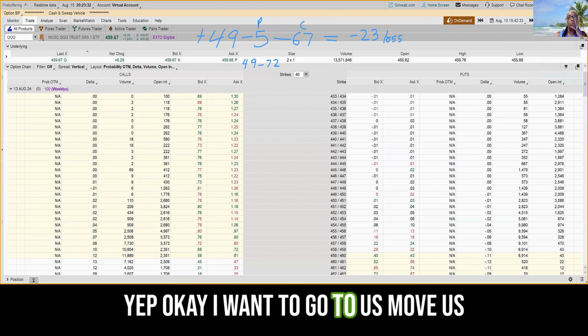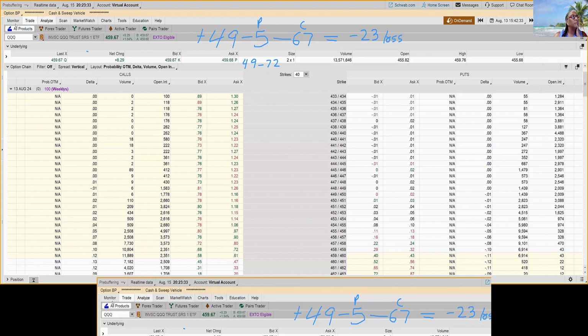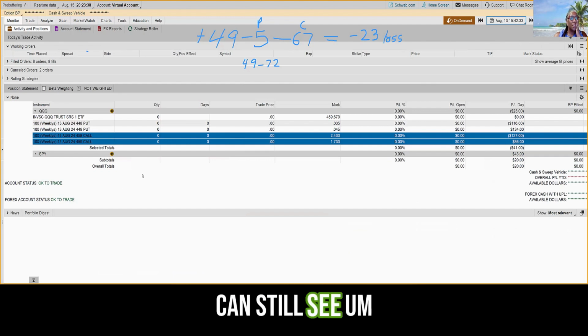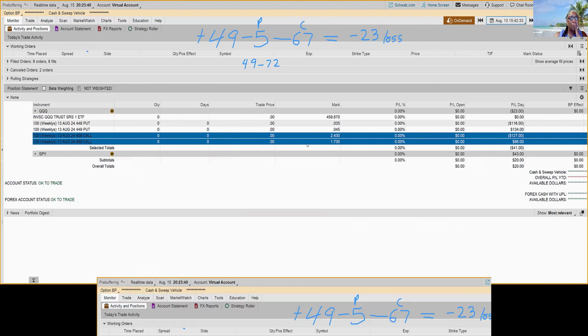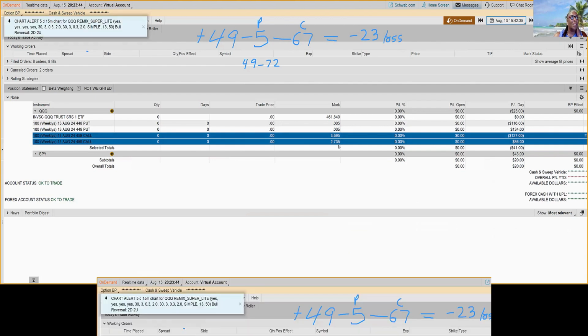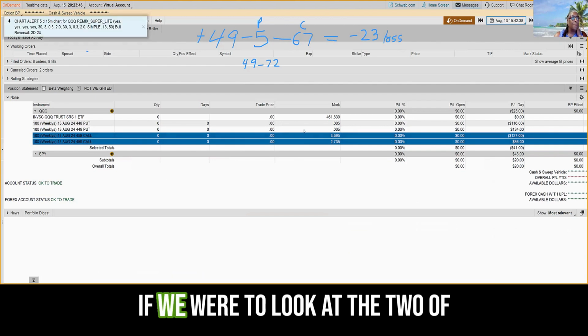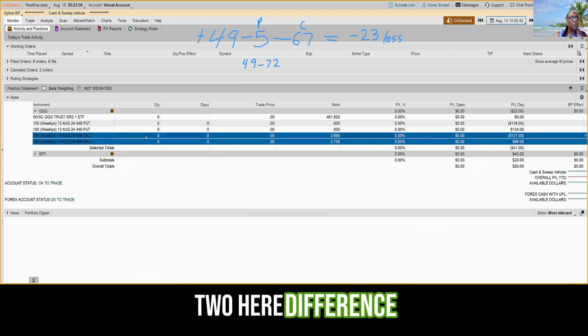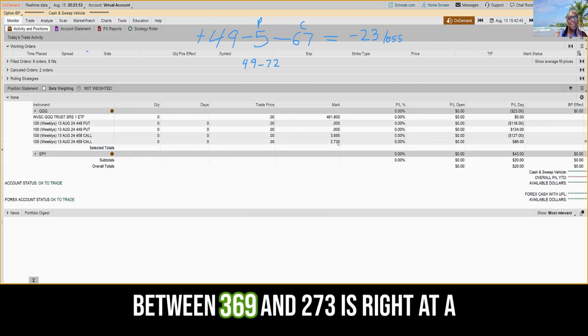Okay. I wanted to move us forward, because even after the trade is closed, you can still see what would be the value of that trade later. So if we look at the two of these, the difference between 369 and 273 is right at $100.